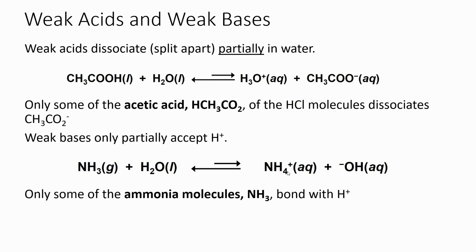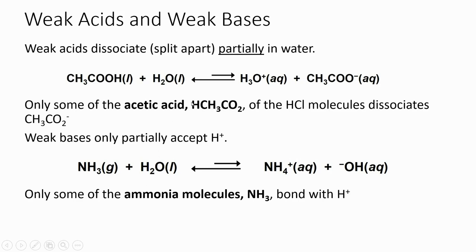Okay, so weak acids are going to partially dissociate. Strong acids completely dissociate. Weak acids only partially dissociate. So this is acetic acid. This is how I'm used to writing it. Usually, Alex writes it like this. Alex will accept many forms of acetic acid, so you can pick your favorite way to write it.